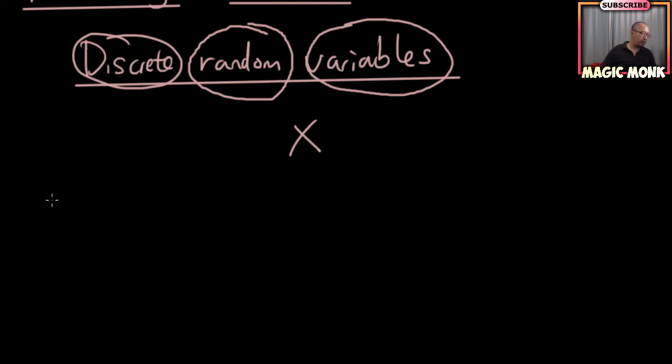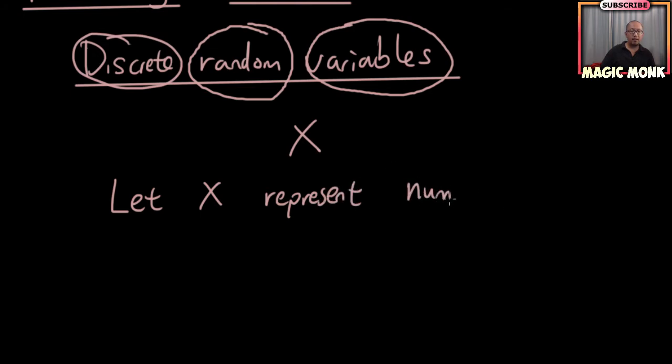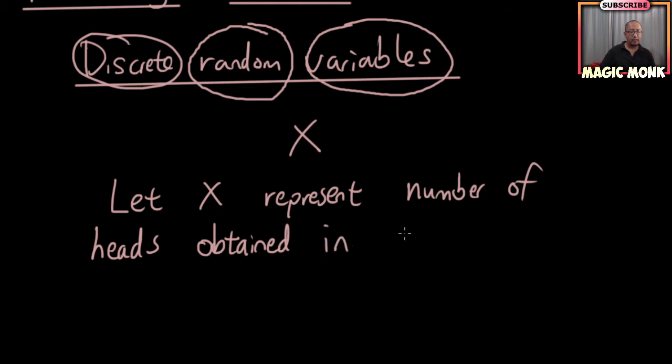Okay, so let X represent the number of heads obtained in, let's say, 4 tosses, 4 coin tosses.